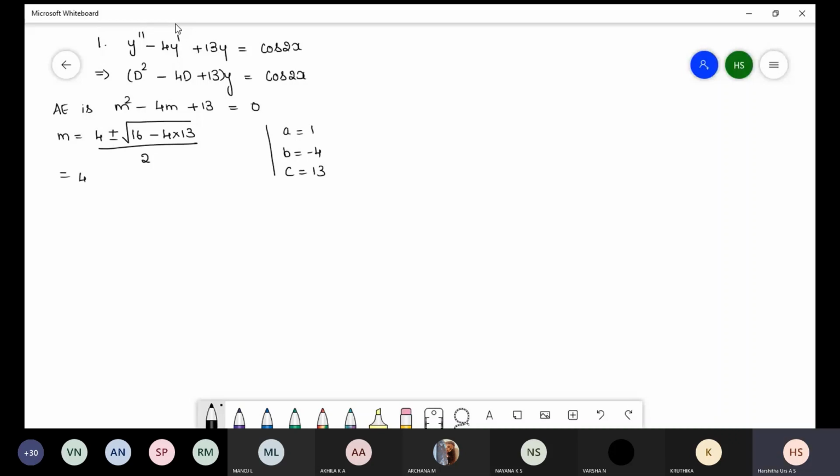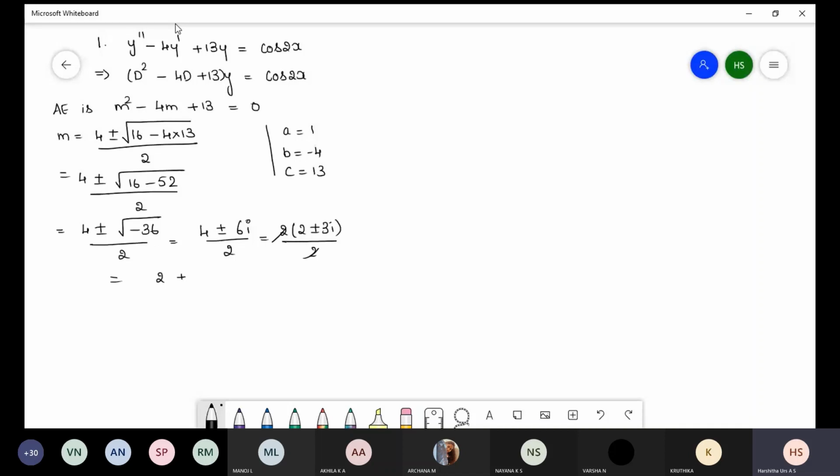So 4 plus or minus root of 16 minus 52, divided by 2, that is 4 plus or minus root of minus 36, which is 6i, divided by 2. Take out 2 as common. So we get 2 into 2 plus or minus 3i divided by 2. So here we got the roots 2 plus or minus 3i.